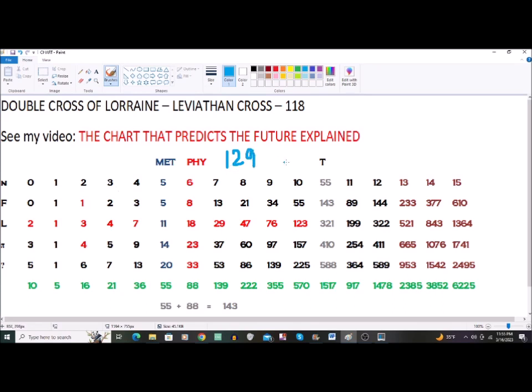It encodes the 29th of January. It also encodes the number, well, I'll say the number 59, but it encodes the 9th of May, which is the 129th day of the year also.